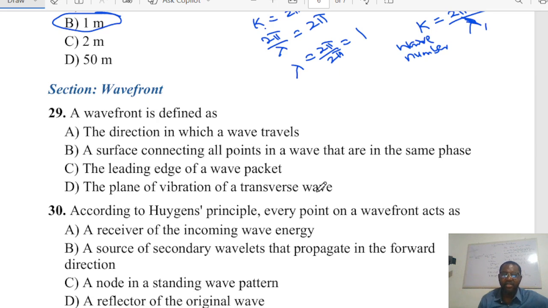A wavefront is simply a surface connecting all points in the same phase. Okay, that's important. Now number 30 says, according to Huygens principle, every point on a wave acts as... You shouldn't need to know this, but the answer is B. This is not part of what you should know.